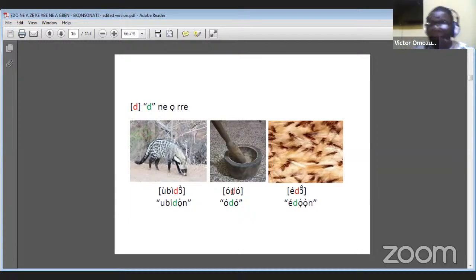Many languages have a whole lot of similarities, and each language has a specific number of sounds that they use. So the D is in many other languages. The D you have in Odo, that you have in Ubido, that you have in Edon. Edon is termites, right? Termites.